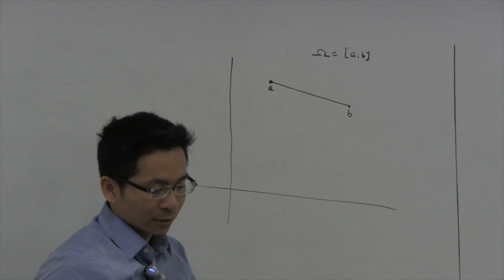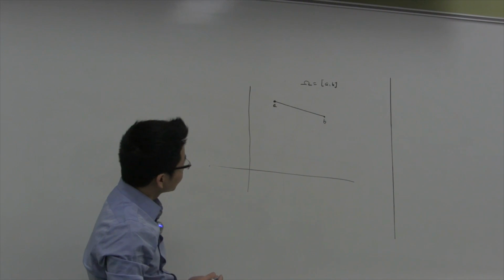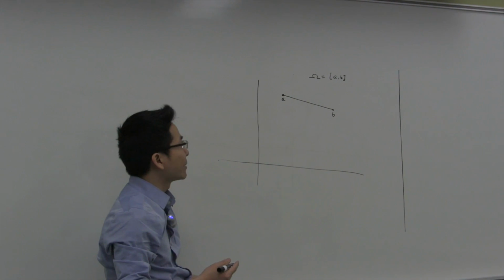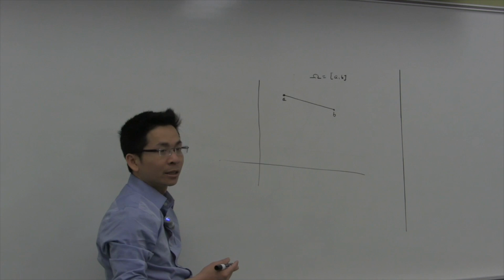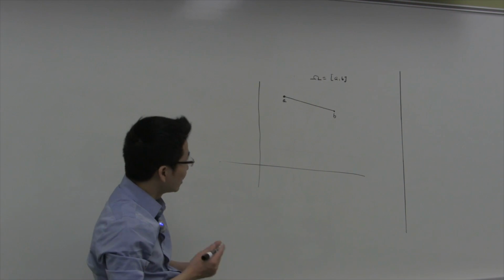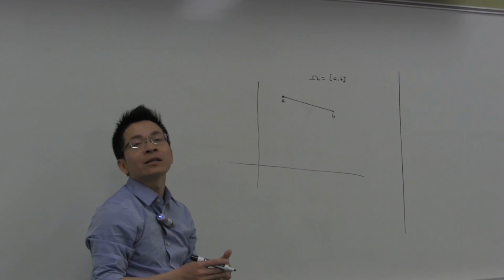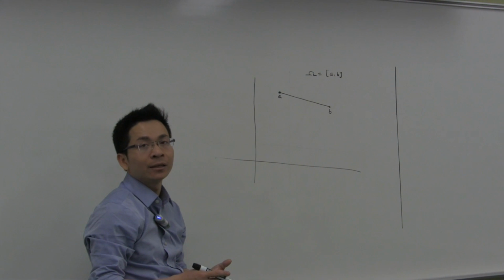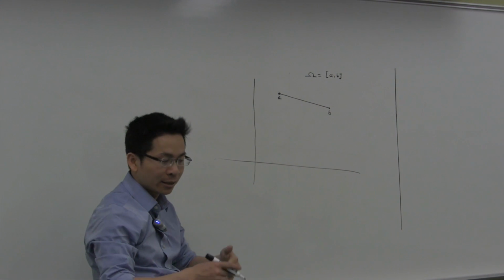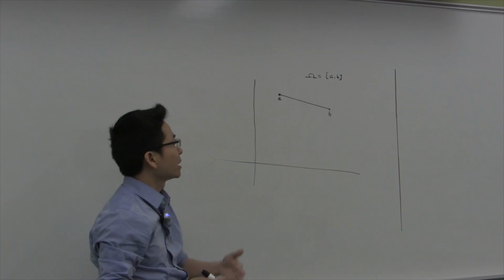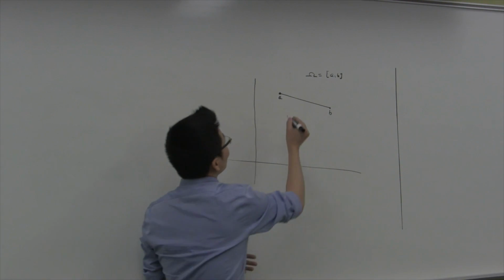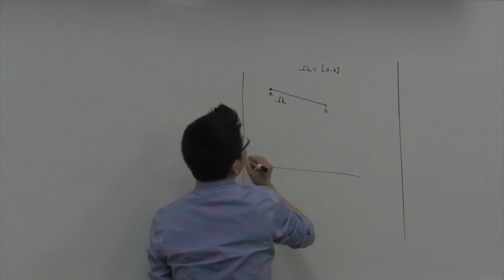However, we can define a new concept called the relative interior in the following way. At first, we look at the affine set generated by omega, that is the smallest affine set that contains omega. Omega again is this line segment.